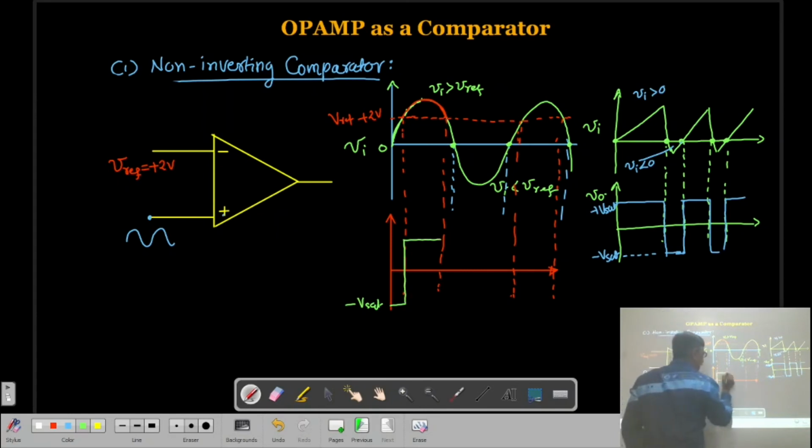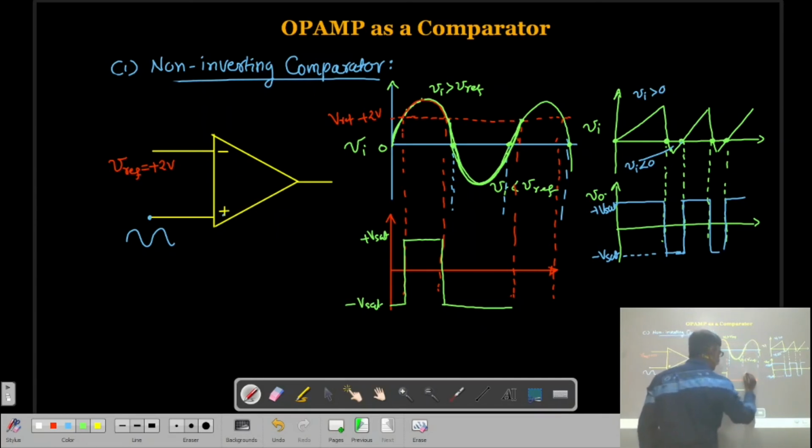So here it will be plus V saturation again, and that is up to this point. Here the input voltage is now less than the reference voltage, so it changes state, goes to minus V saturation, and for all these values it will remain in minus V saturation. Again, whenever it crosses this, you will have a waveform like this.